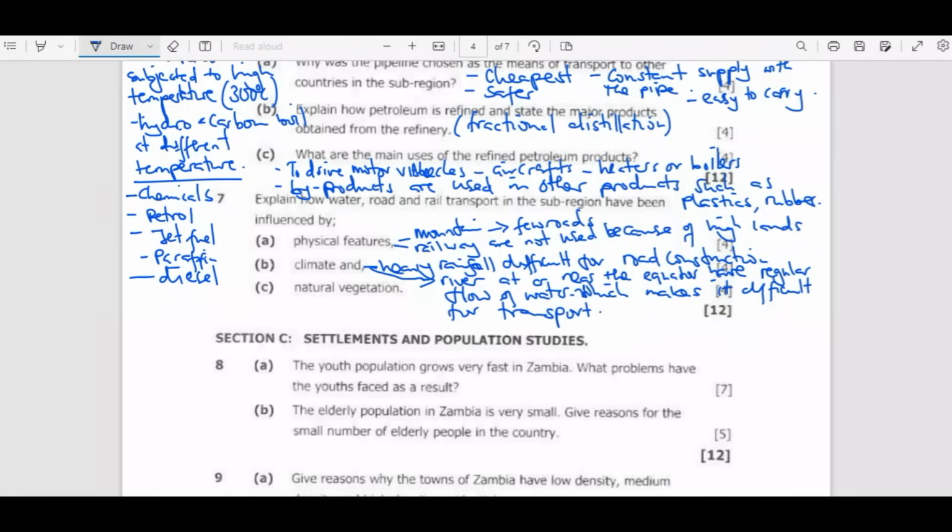Okay, so we can move to C. So we create some space.